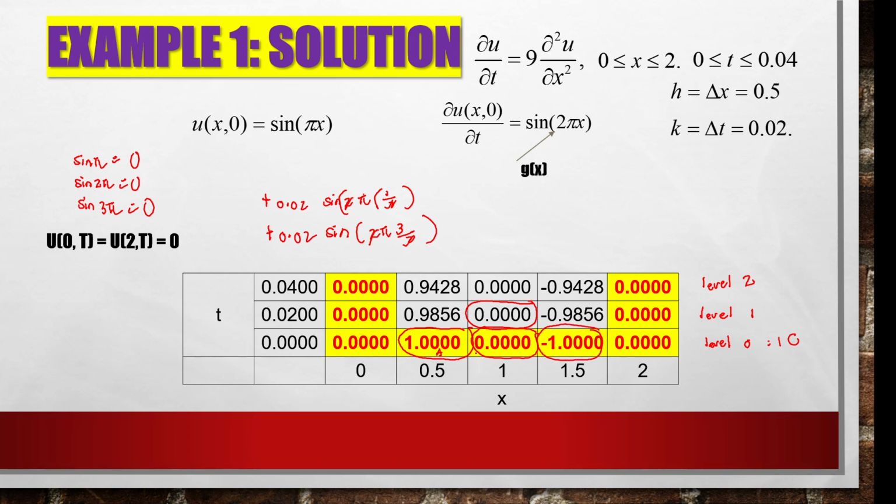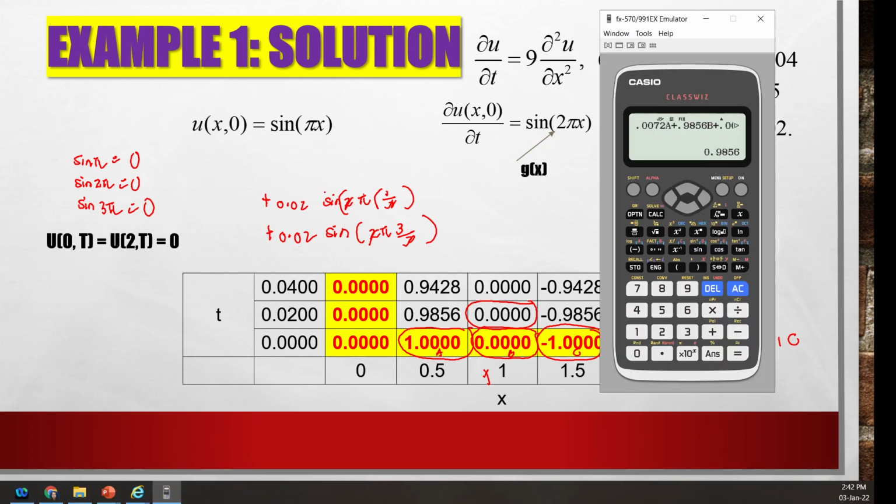So this is A, this is B, this is C, this is X. You calculate again. Now A is 1, B is 0, C is -1, X is 1. So you get 0. Is it okay?